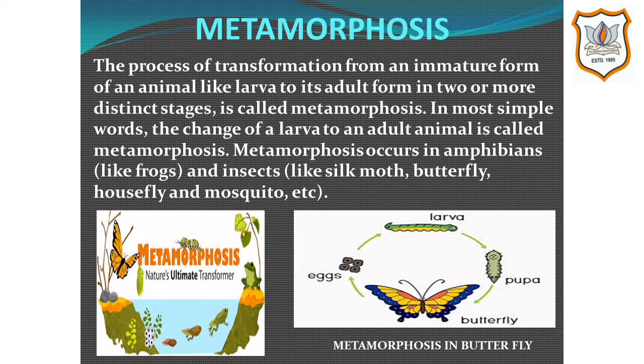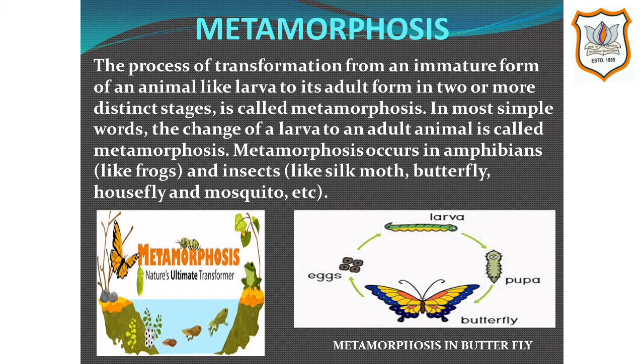But this is not so in the case of animals such as frogs and silk moths, etc. For example, the young one, that means larva or tadpole, in frogs hatched from the eggs looks very different from the adult frogs.